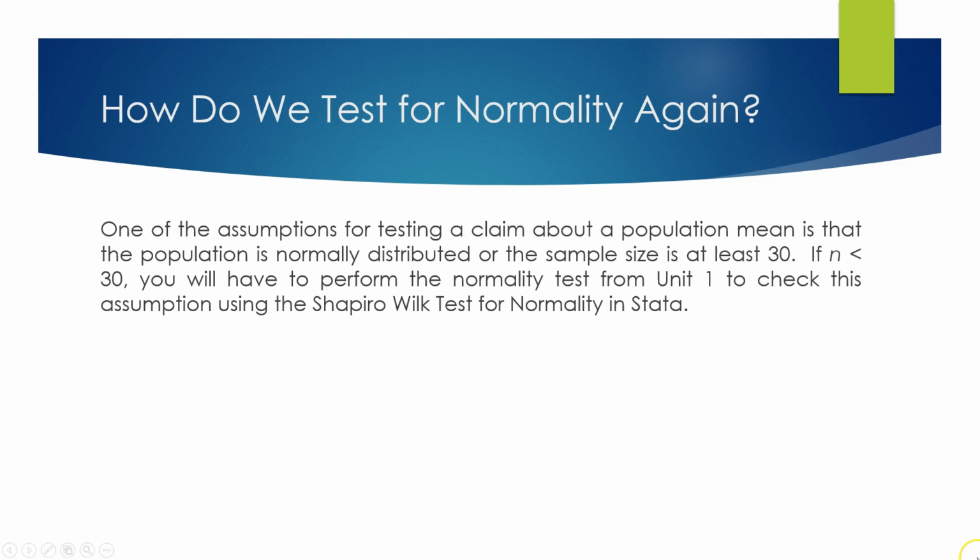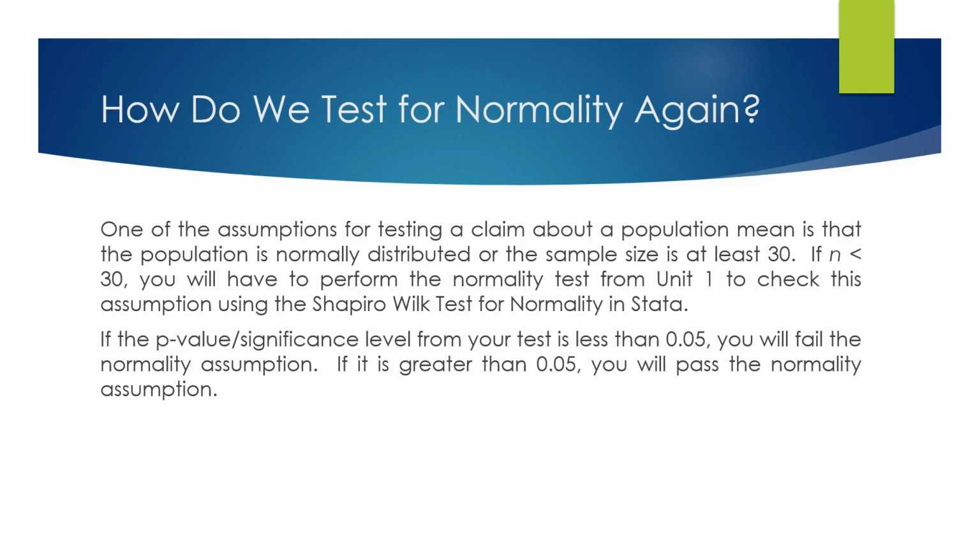So we will talk about the Shapiro-Wilk test for normality again very briefly, but what it boils down to is that the output of the Shapiro-Wilk test is a p-value, which is also known as a significance value. So if your p-value is less than 0.05, you're going to fail the normality assumption. If it's greater than 0.05, you will pass the normality assumption. I will never put you in a position where this assumption fails, because if it does, you will need to use a different test. We're actually not going to go over that test.